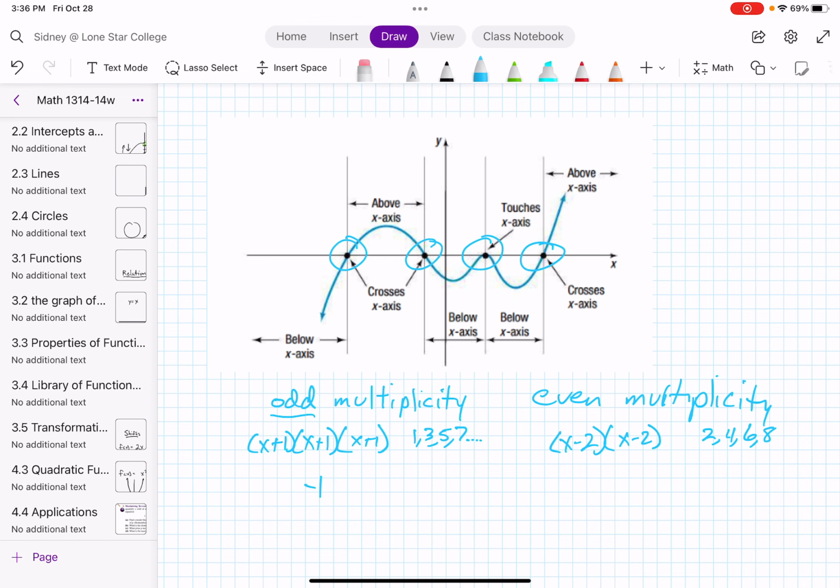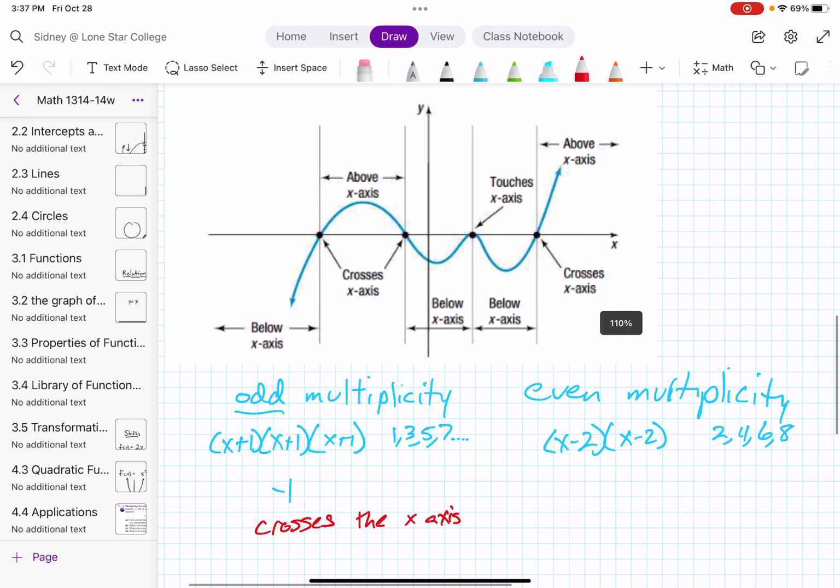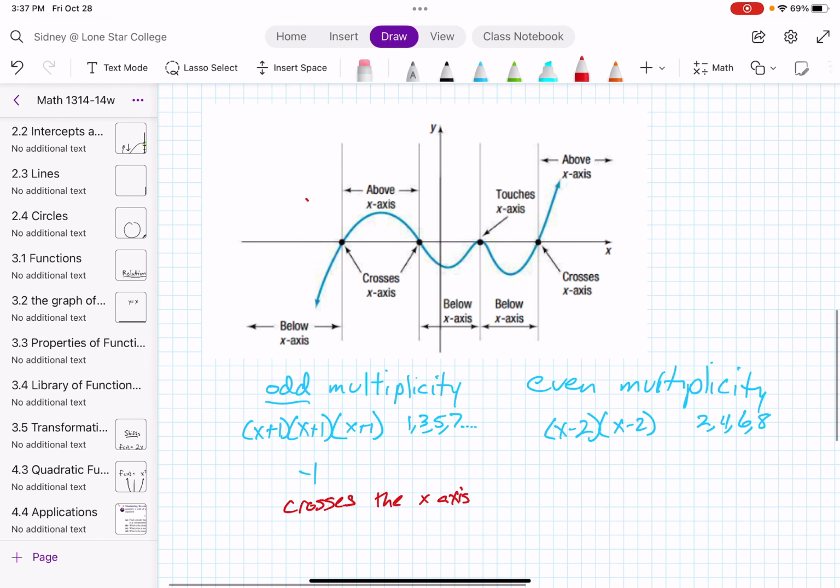Now that we're talking about what it is, what's the difference graphically? What I want you to see is this. Odd multiplicity crosses the x-axis. This 0 right here happened either 1, 3, 5, or 7 times, and so on. It crosses.